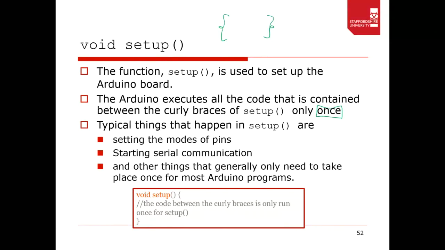Typically, things that happen in the setup are setting up the modes of pins, like I said, starting serial communication or even parallel communication, and other things that generally only need to take place once for most Arduino programs. So here we've got the void setup with the round brackets, then we've got the curly brackets or braces, and then the code in between.